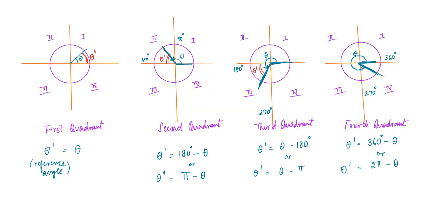But then it's creating an acute angle with the angle theta. And then lastly, we're looking at this as the theta prime, because that is your x-axis forming an angle with the theta on the other side of the terminal side by creating another acute angle. So please remember that these are your reference angles, all right?